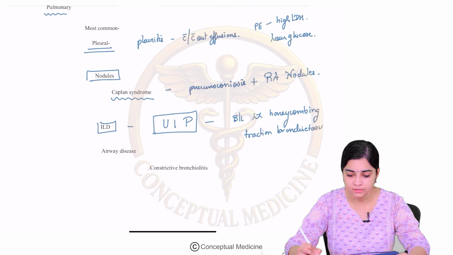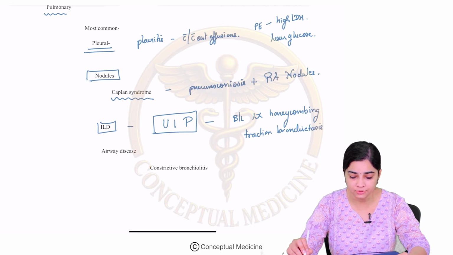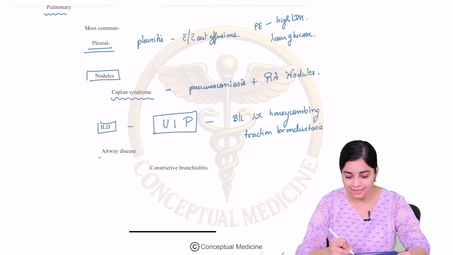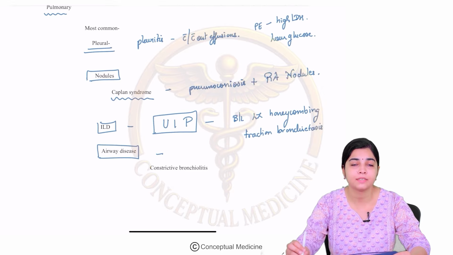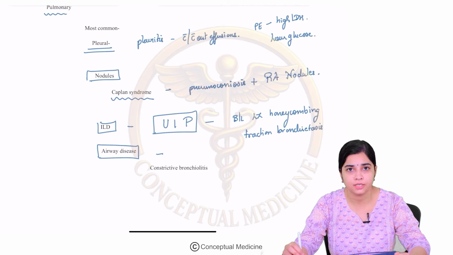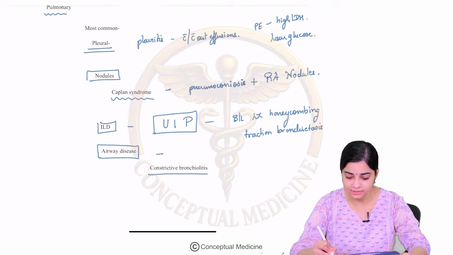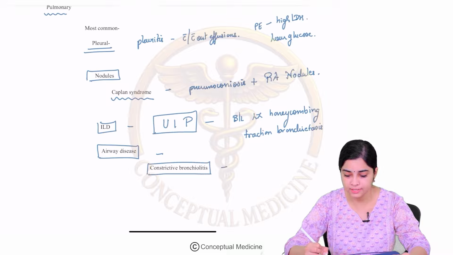Okay. So this is your UIP pattern of ILD in rheumatoid arthritis. Then RA can be associated with airway disease as well. They may present to you with recurrent episodes of obstructive airway disease, and in a more severe form it is called constrictive bronchiolitis, which has a very poor prognosis.